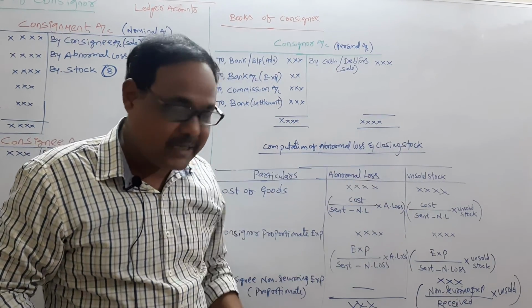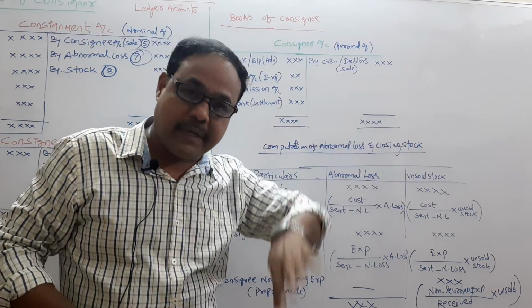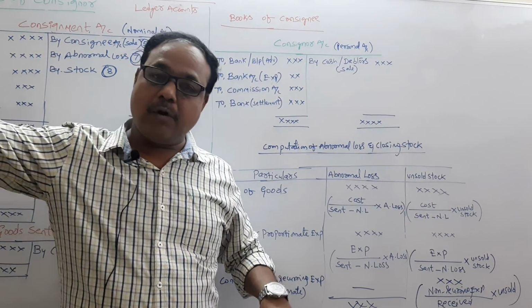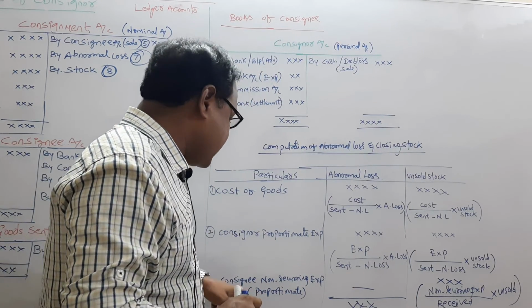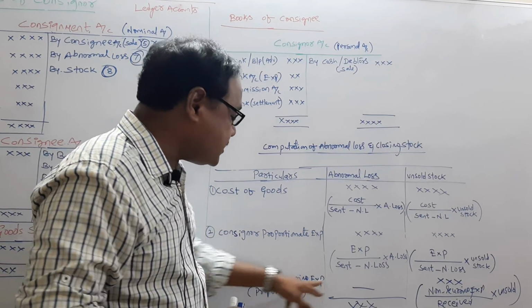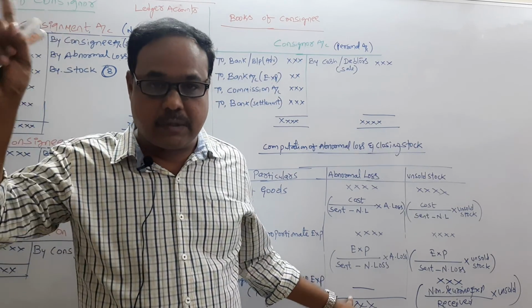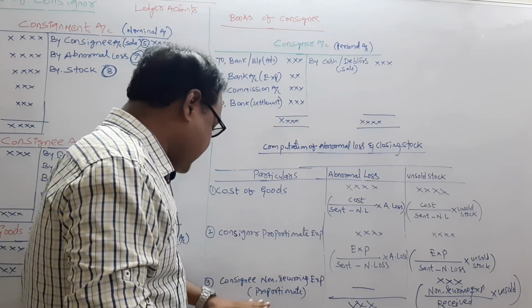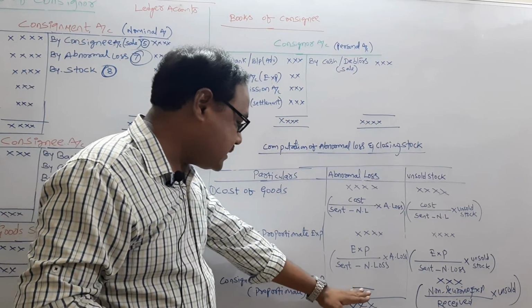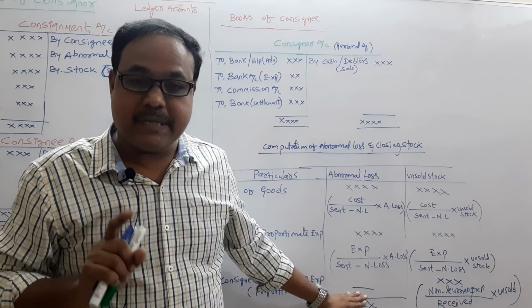The reason is that abnormal loss may happen in the consignee's godown also. In that case, we will take the consignee's proportionate non-recurring expenses also. Here it is abnormal loss in transit. That is why I did not take consignee non-recurring expenses.